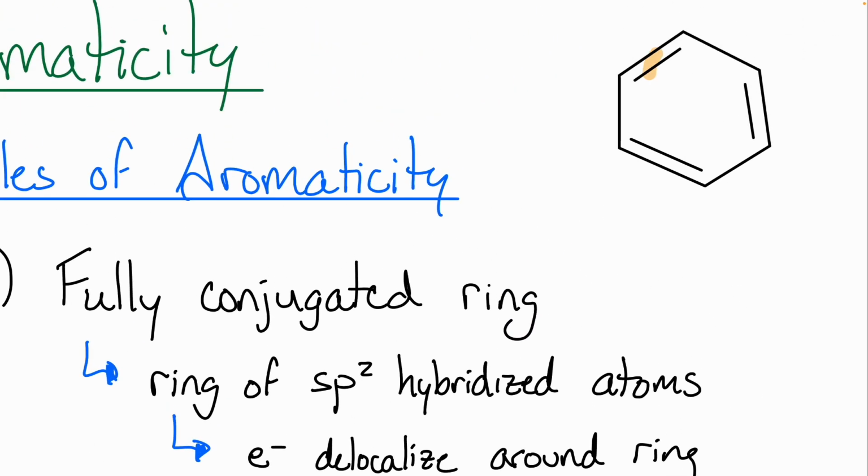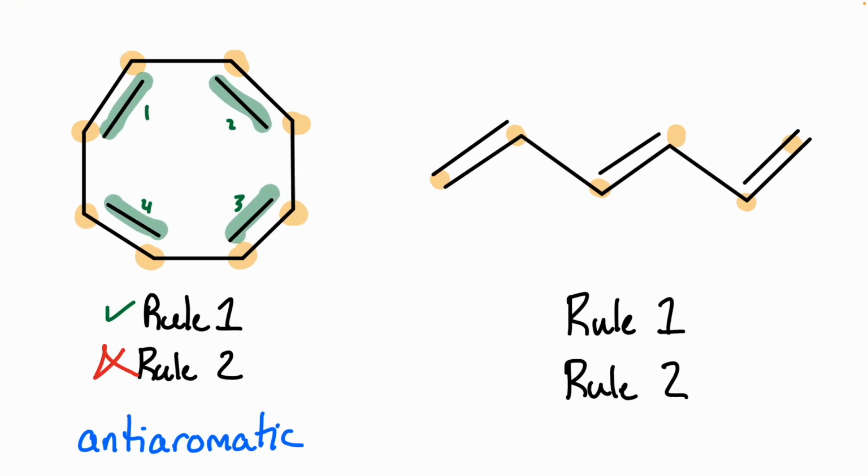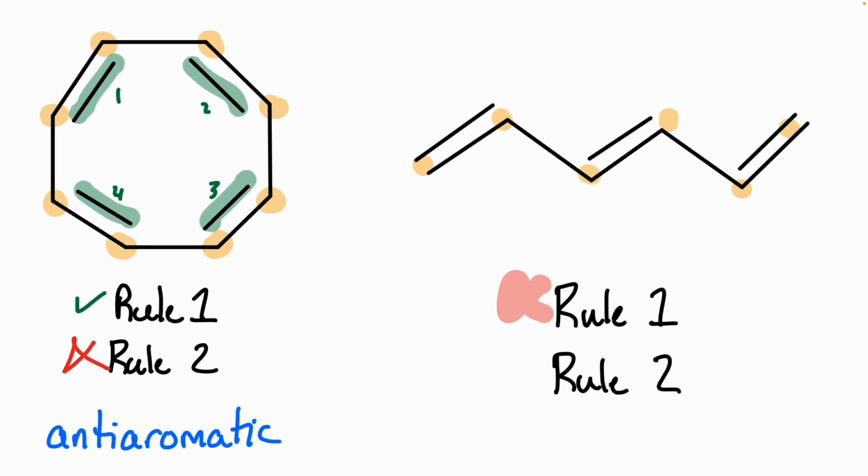The electrons can freely move around that ring. So this one just fails rule 1. We don't even go on to rule 2. We're just going to say, boom, fails rule 1, meaning this is a non-aromatic compound.